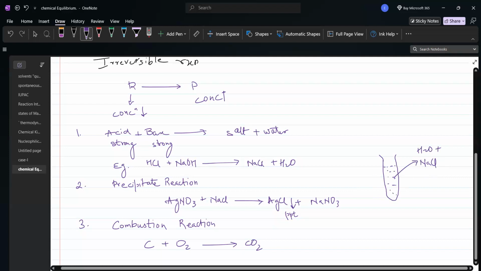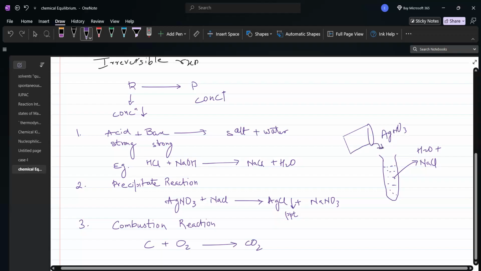Water is a medium, it is acting as a solvent. So what we are doing, we are taking a beaker and we are pouring this AgNO3 in it. So what will happen?